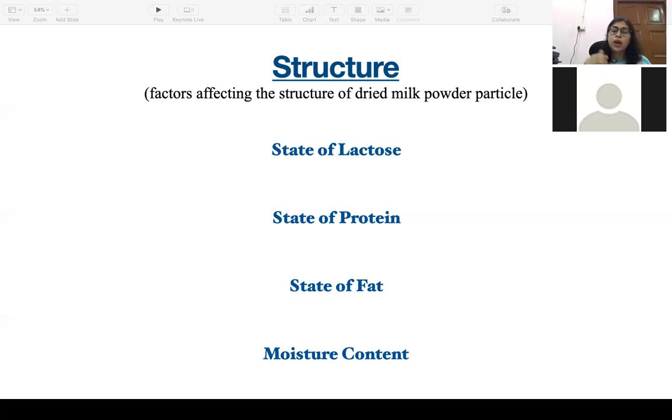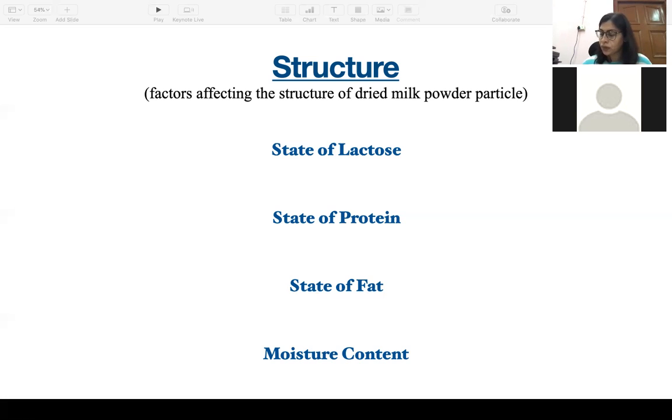Now, depending upon the process used, that is whether we are using the drum drying technique or the spray drying technique, the amount of de-emulsified fat or free fat differs. When we dry the product with the drum drying technique, the whole milk powder has almost 85 to 95% free fat, which reduces when we change to the spray dried method.